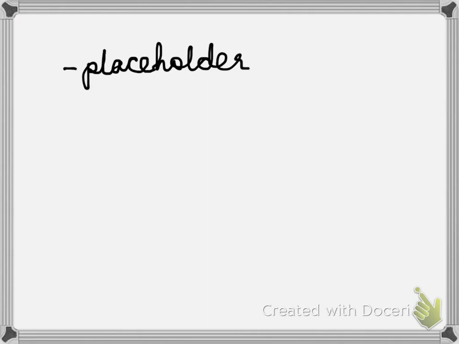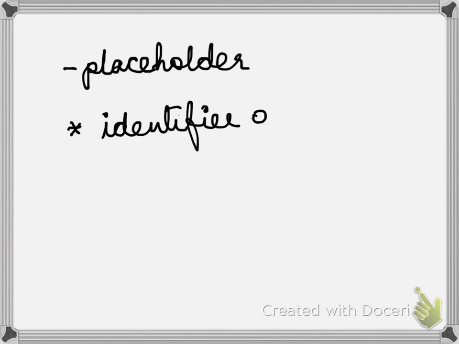Like any other programming language, Java also uses variables to store values, and a variable is identified by three things. It is identified by an identifier or name; we give a name to the variable.